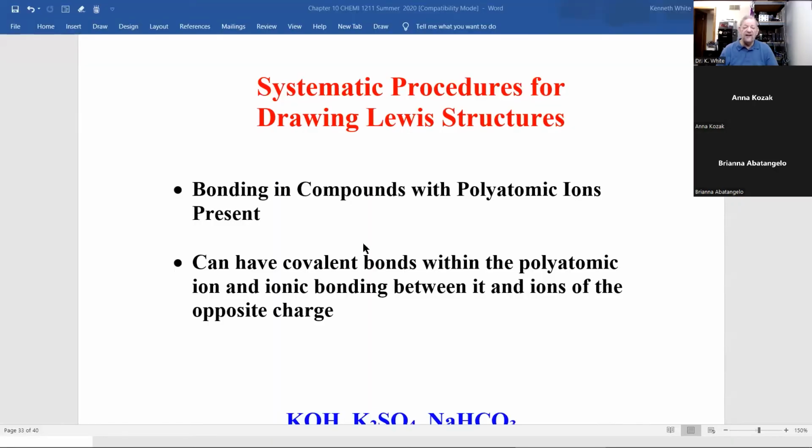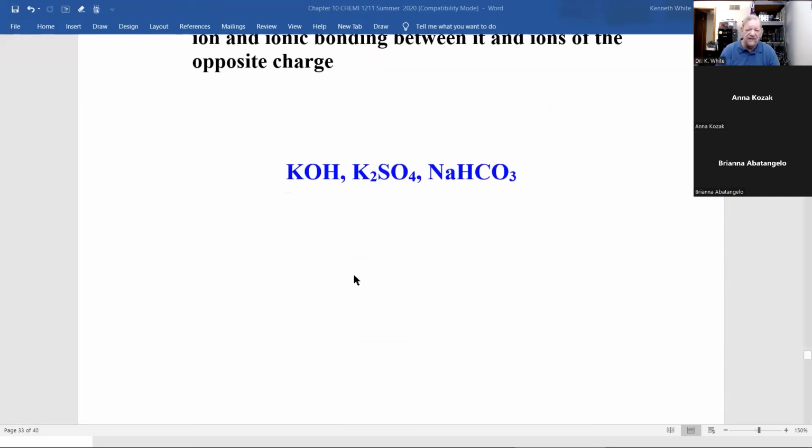Now, you can have compounds that have both ionic and covalent bonds. So in a polyatomic ion, you have both ionic and covalent bonds. Let's look at the following: KOH.